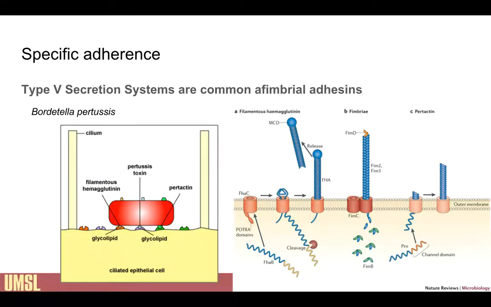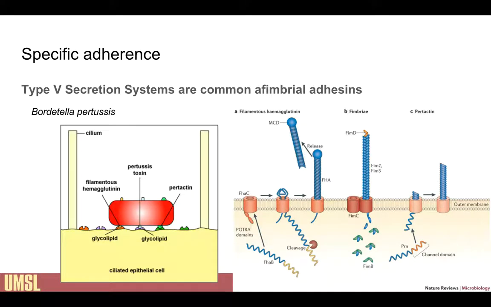What goes on is that these particular type 5 secretion systems project out a very specific protein tip that binds to a specific host surface receptor. There are two that are very common in most Bordetella species: FHA, filamentous hemagglutinin, and another one, pertactin.